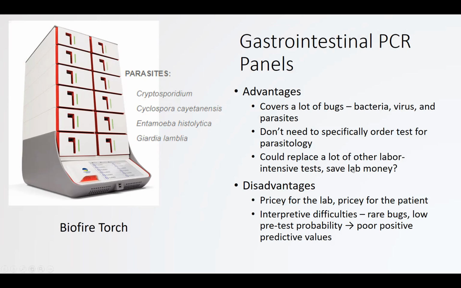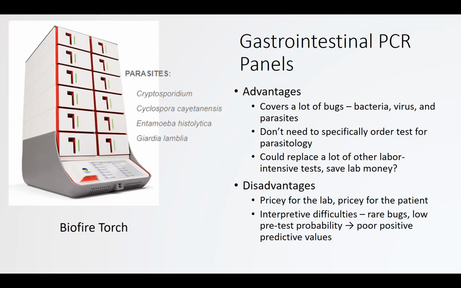Theoretically, and some labs have trumpeted this idea, if you do this test, then you don't need to do O&P, and you don't need to do stool culture, and you don't need to do a norovirus PCR, and you don't need to do the rotavirus antigen. So you could do this one test instead of 4 or 5 other tests, and that would actually save money in the long run.